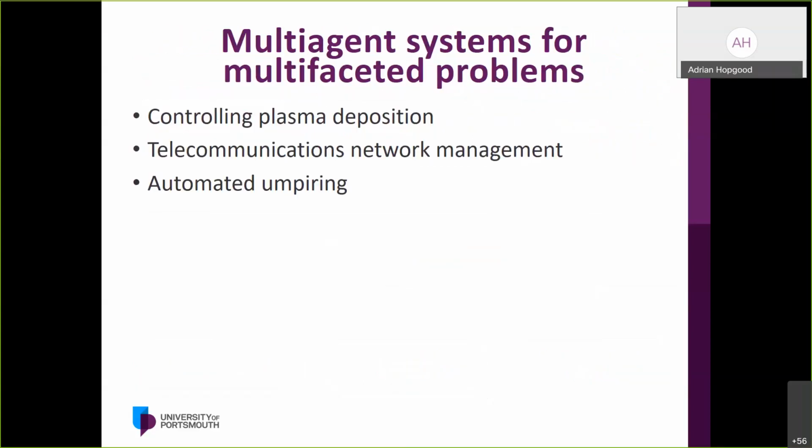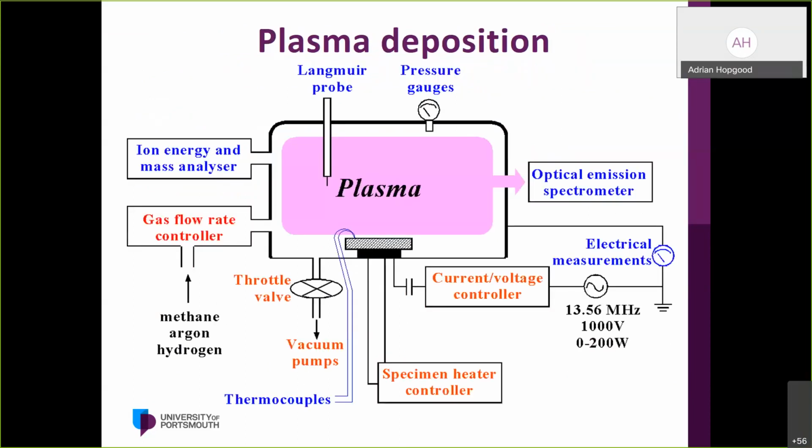To give you some specific examples, I'm going to highlight 3 examples of this concept of multifaceted problems, starting with controlling a process called plasma deposition. I'll then look briefly at a couple of other examples. Plasma deposition is a complex manufacturing process. You really don't need to worry too much about the details, but it's used for laying down thin films on the surface of components.